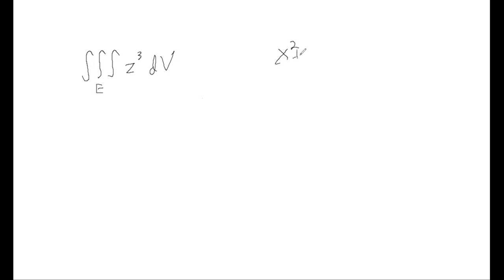We have x squared plus y squared plus z squared equals 16. This tells us that rho squared equals 16. In other words, our outer boundary is that rho equals 4. We get this right away. The other thing we were looking at is z equals negative square root of 3x squared plus 3y squared.